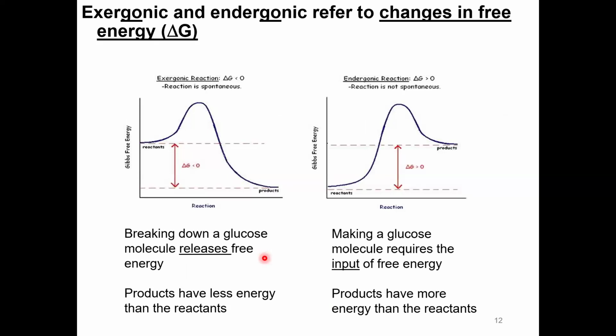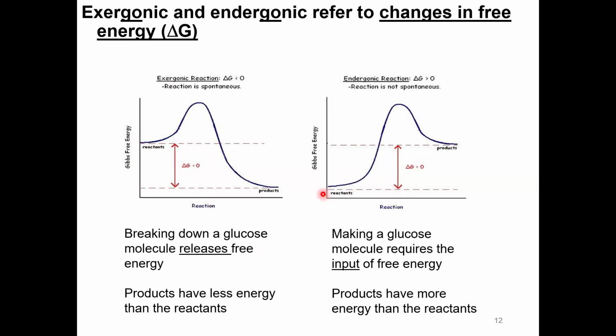So now exergonic and endergonic basically refer to the changes in free energy, where the Gibbs free energy goes from the reactants to the products. If it's exergonic, like we said, it's spontaneous and it releases energy.